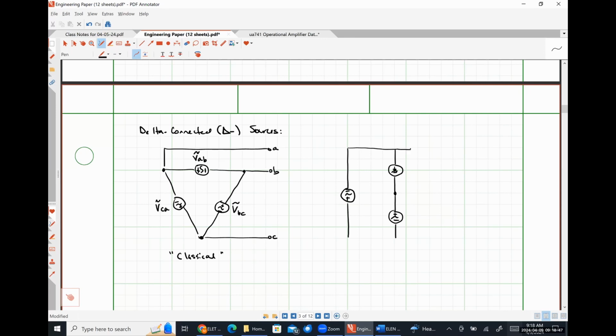Wiggle in the middle. So this is going to be our A phase. Here's the B phase connector, and here's the C phase. So this will be VAB, VBC, and up here will be VCA. Let me put that on the outside, actually. Like that.